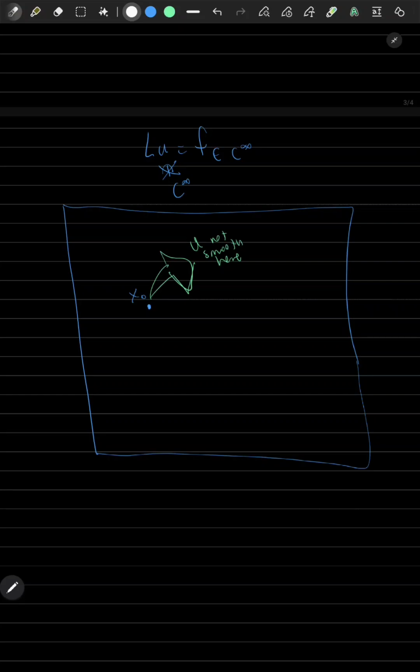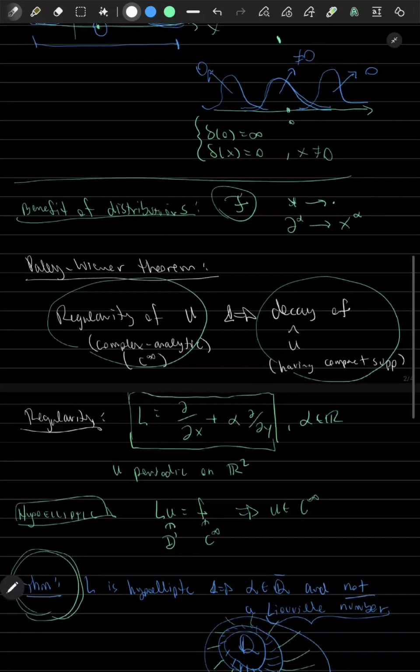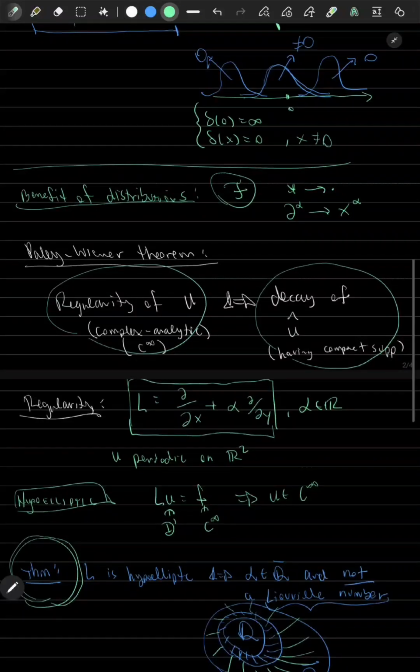So we would choose a direction. Let's say this direction here, and we know by theorems of the Paley-Wiener type, which is this one up here, that there's a very tight relationship between the regularity of U and the decay of the Fourier transform.